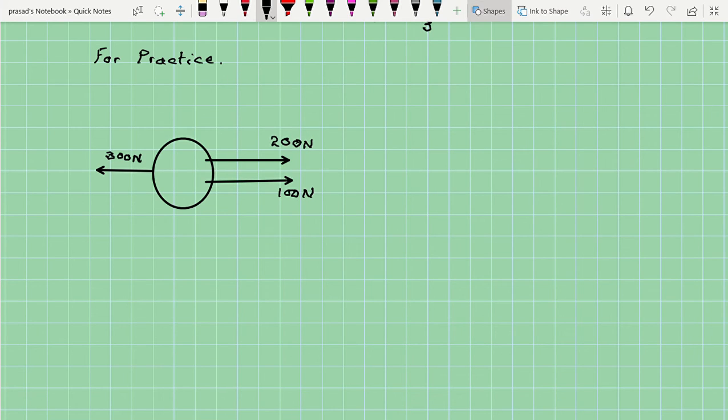Similarly, there are two forces acting in vertically downward direction.